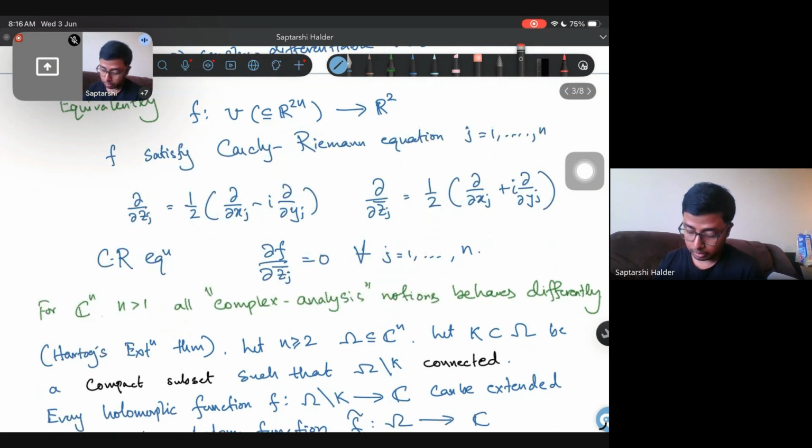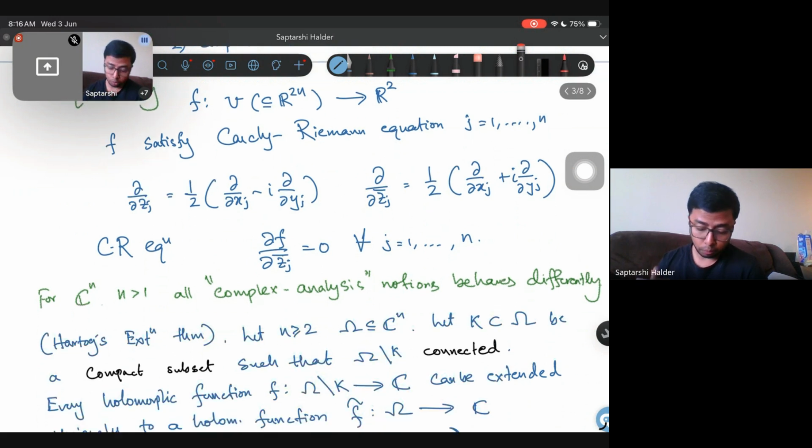Observe that this is for n strictly greater than 1, not just n equal to 1. We will soon see why I told those things just before. So for n greater than 1, maybe C2, C3, C4, Cn, it is a little bit different.